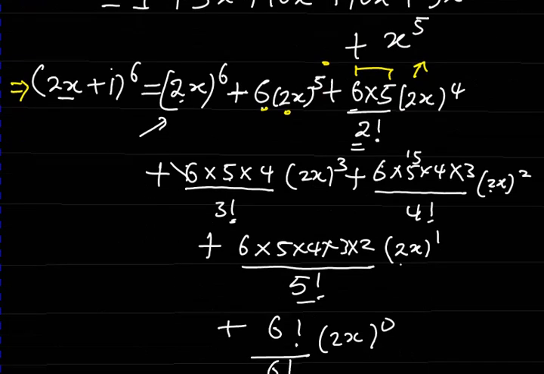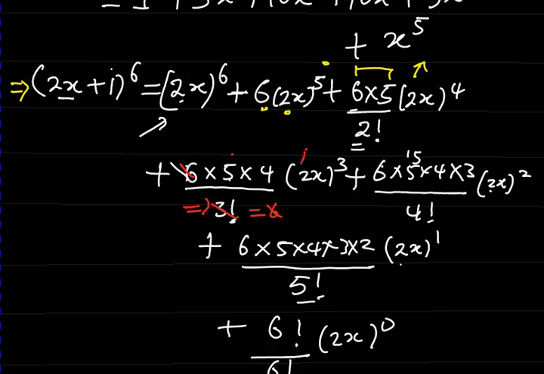All right, so here we have 6 times 5 times 4 divided by 3 factorial. 3 factorial, of course, is 3 times 2, which is 6. So the 6 will cancel the 3 factorial. So I'm left with 5 times 4, which is 20.